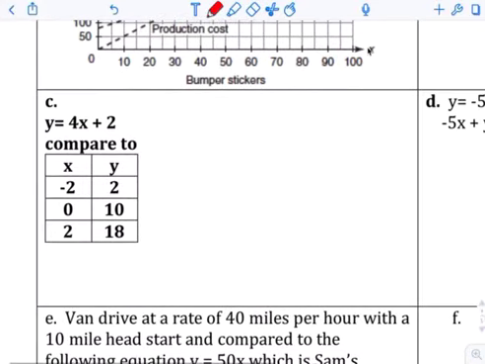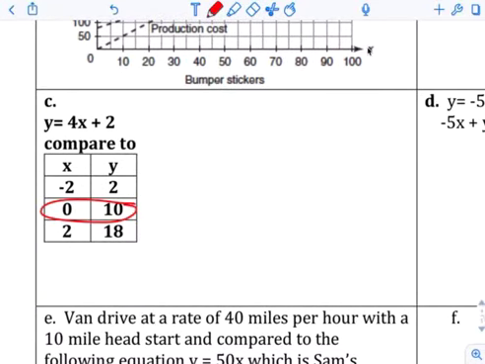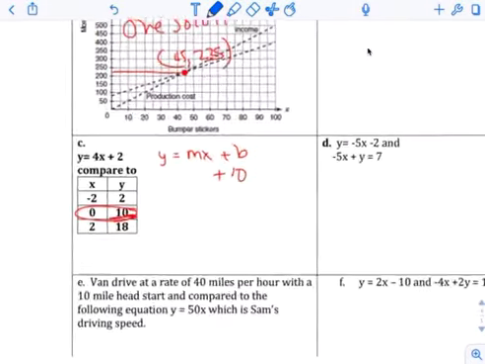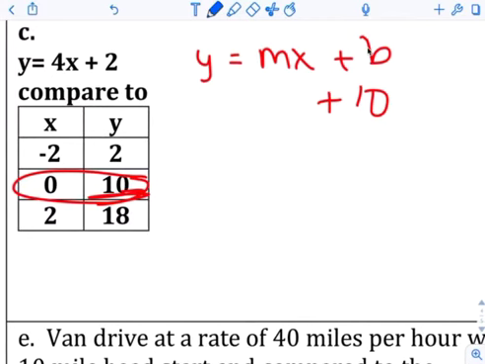Okay, compare that. Hey, here's the y-intercept. So I got y equals, because there's y-intercept, I can use mx plus b. I don't have to make it long. B is already 10. I can shorten it. If there's no y-intercept, then you have to do y minus y1. In this case, we only need to find slope. y2 minus y1 over x2 minus x1.